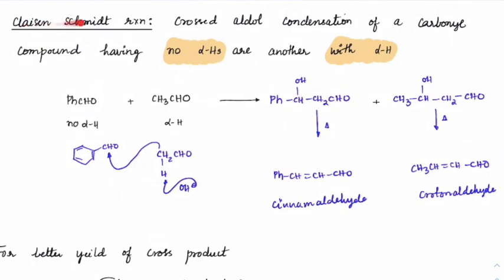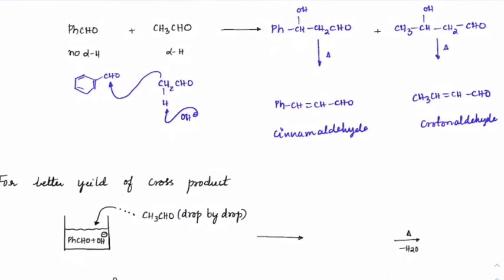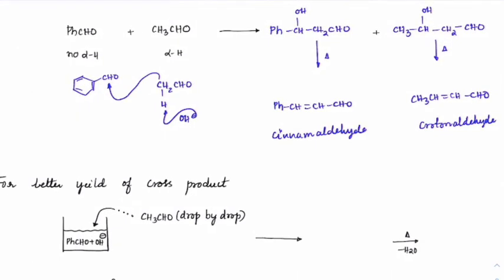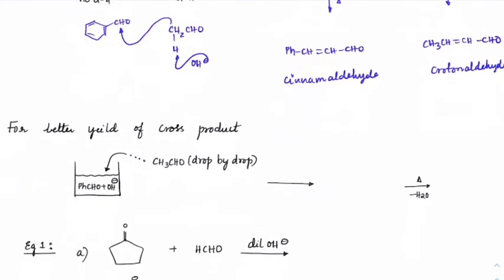So let me revise that. Claisen-Schmidt reaction is about the aldol condensation between an aldehyde or ketone with alpha hydrogen and an aldehyde or ketone without alpha hydrogen. Now if I want this cinnamaldehyde in a better yield, then I want to stop the self condensation from happening. How can we stop that?